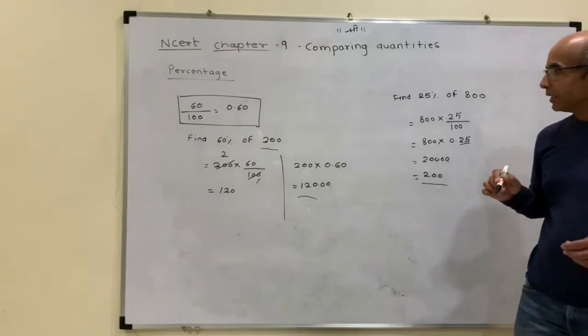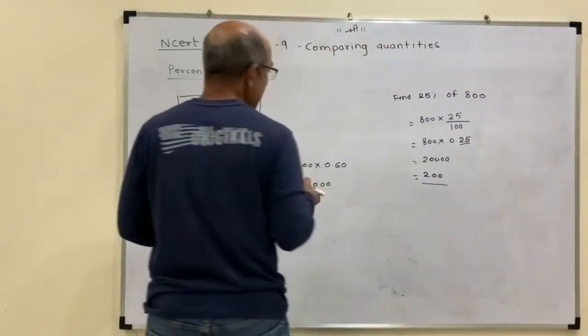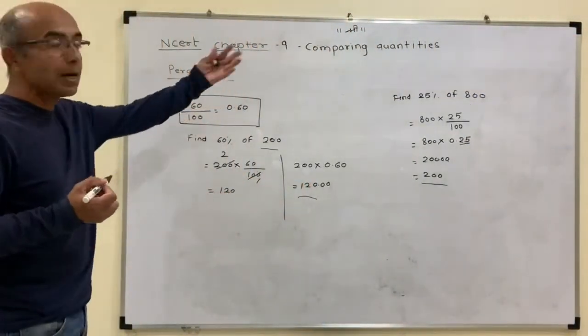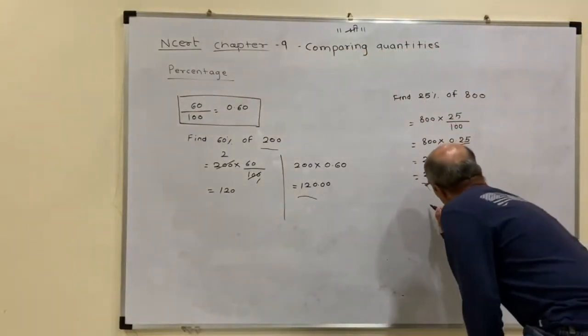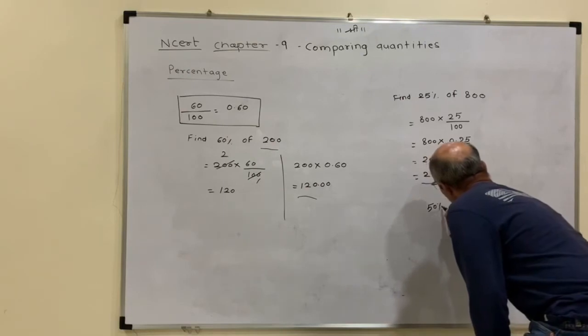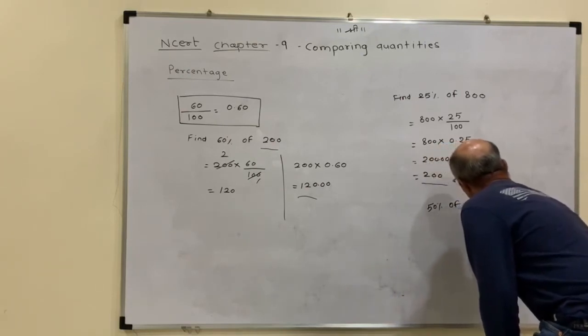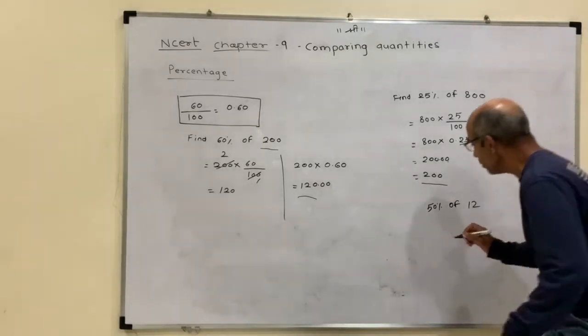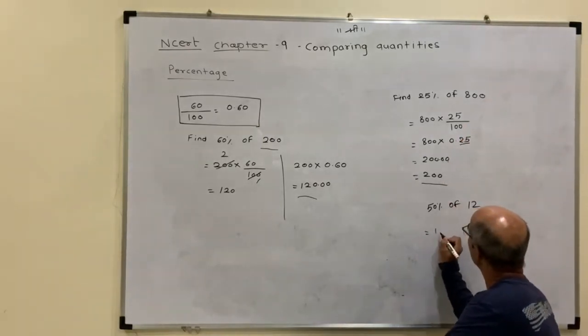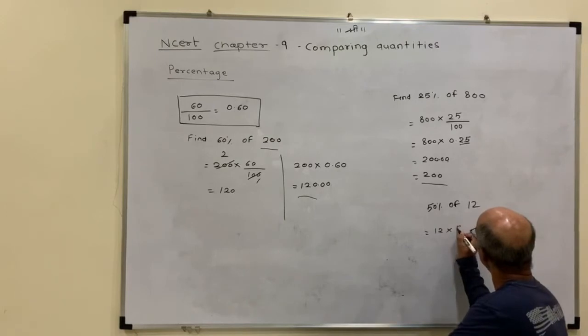Yeah. It's not that you only have to do this for numbers larger than 100. If I say, now take this example, I want to find 50% of 12. How am I going to do it? 50% of 12, so I say 12 into 50 divided by 100.